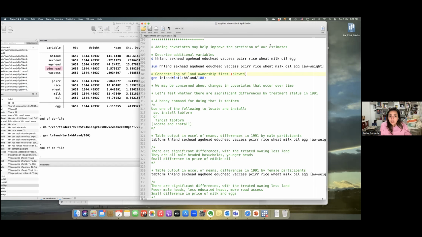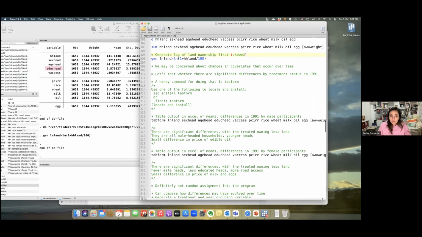Okay? So I will use a command which is called tab form. This command, as we will see, will produce an Excel file, and this Excel file will show us the means of the variables between the group who are treated and the group who are not treated.